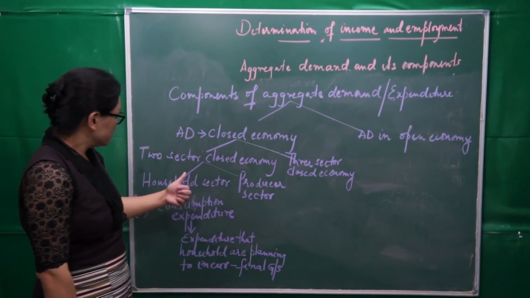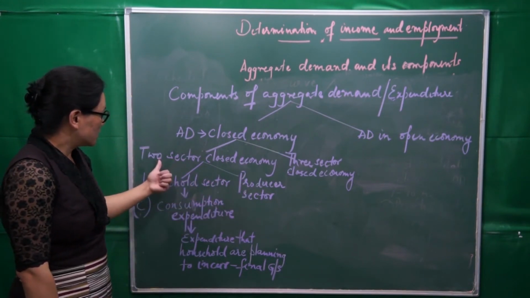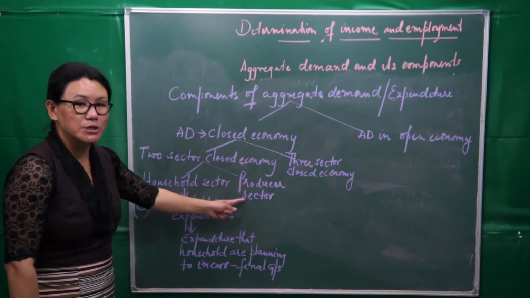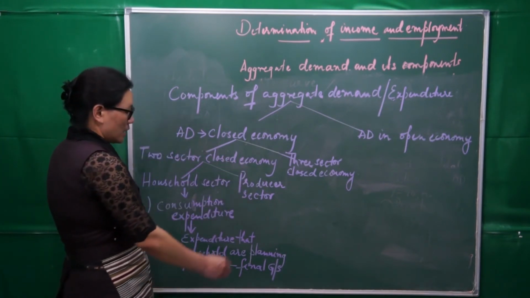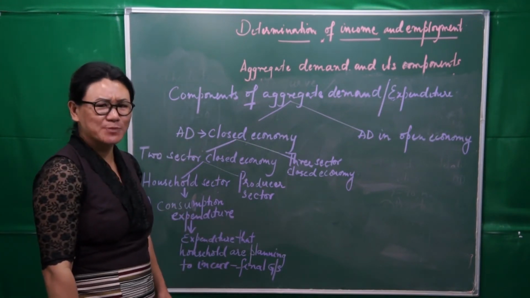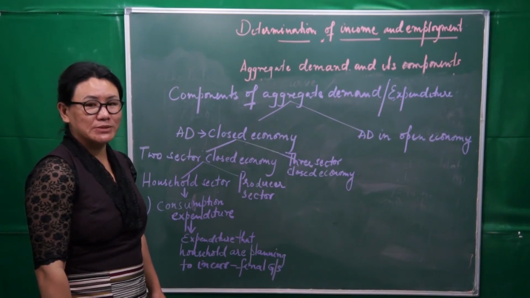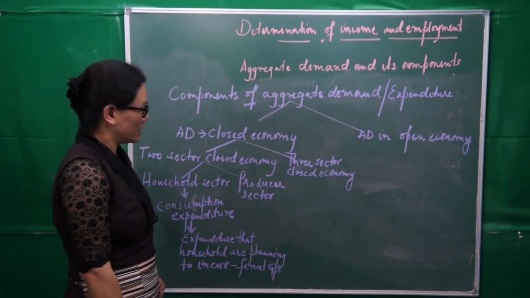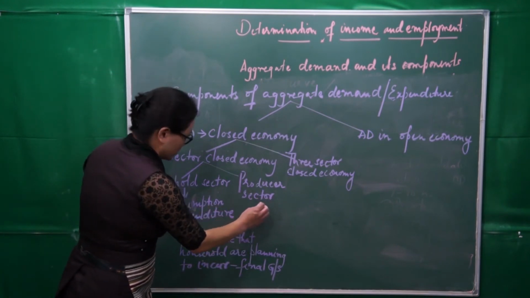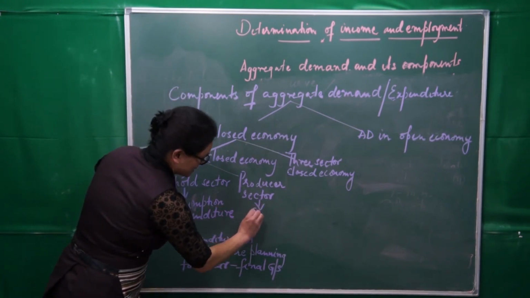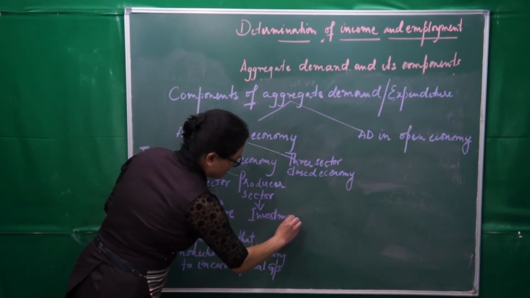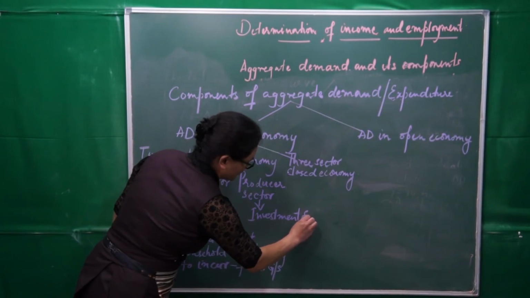Then come to the second sector under two-sector closed economy, the producer sector. Producer sector will make expenditure, or producer sector will incur expenditure. Okay, and this expenditure is called as investment expenditure.